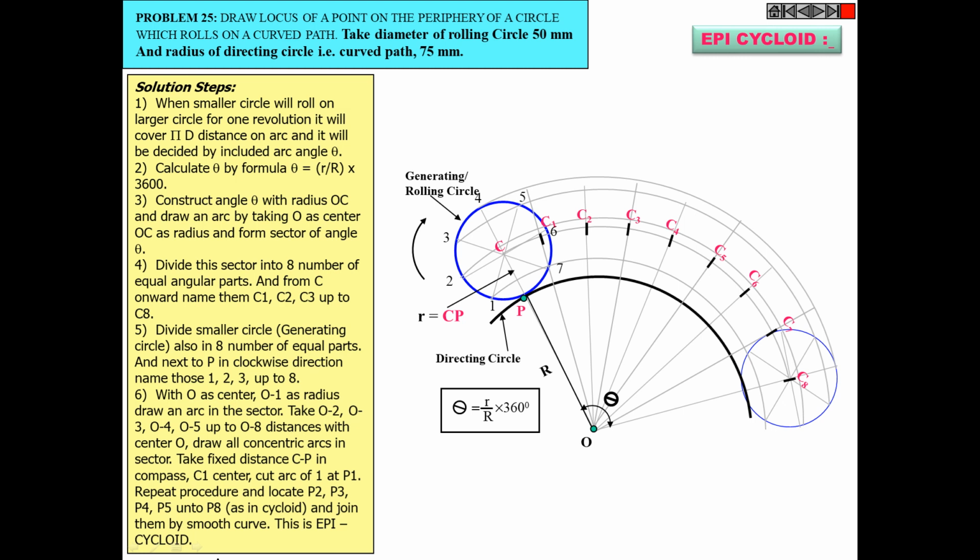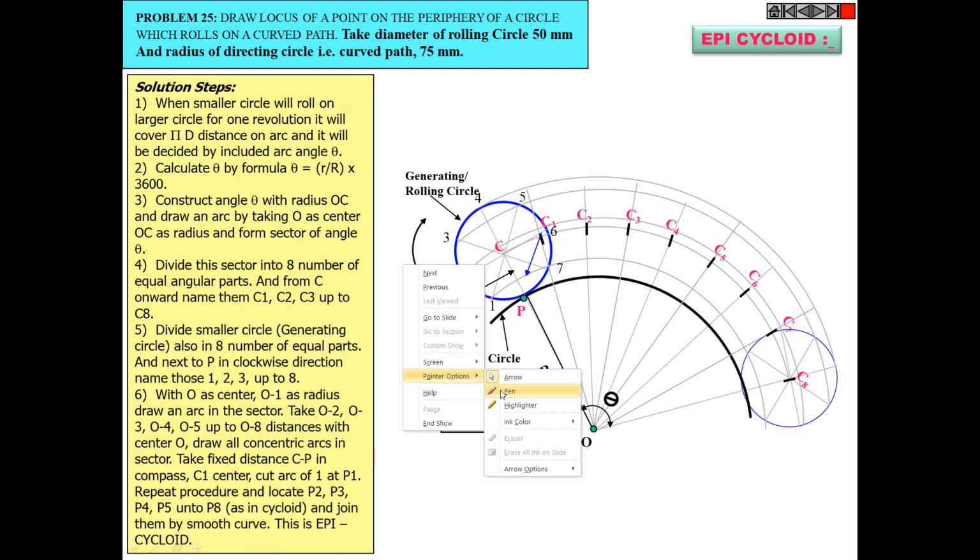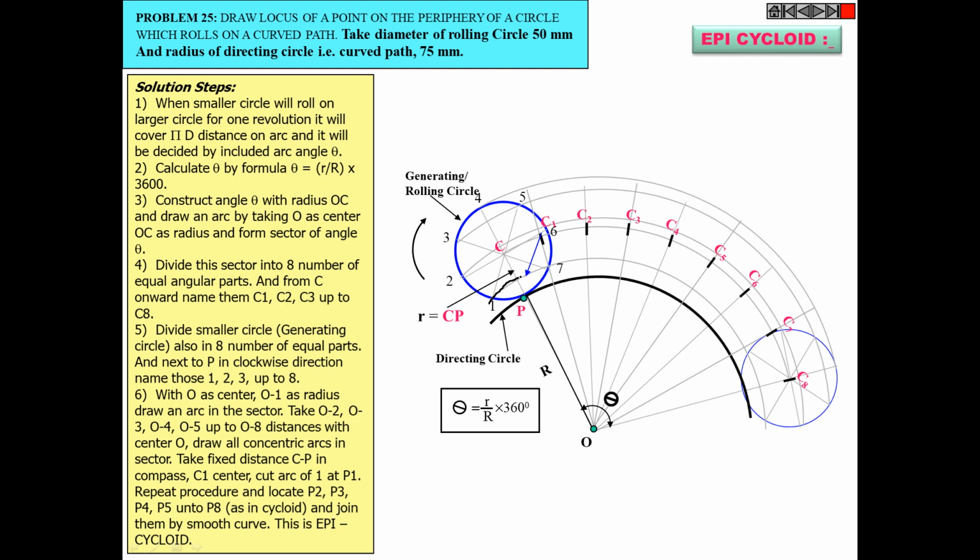Place that compass length CP at center point C1 and cut an arc on the curve line passing through point number 1. CP distance I will take in my compass. I will place that compass at point C1. I will cut an arc. This is your second locus point of your epicycloid.